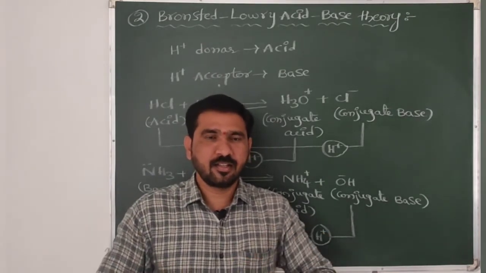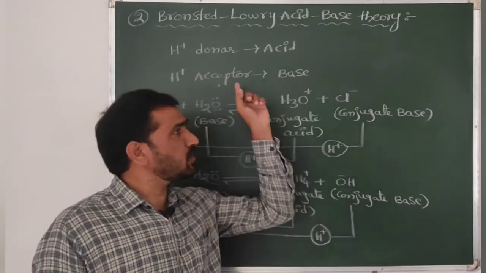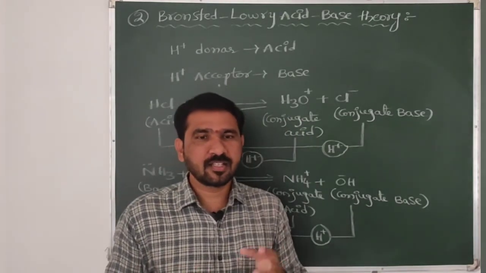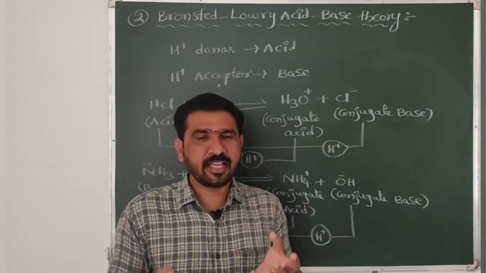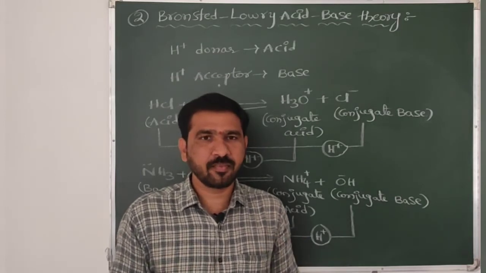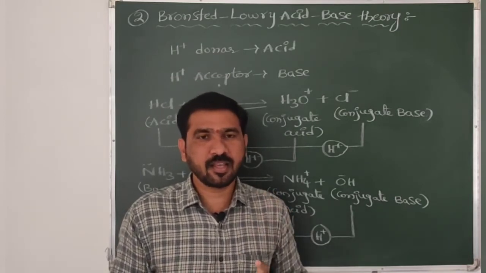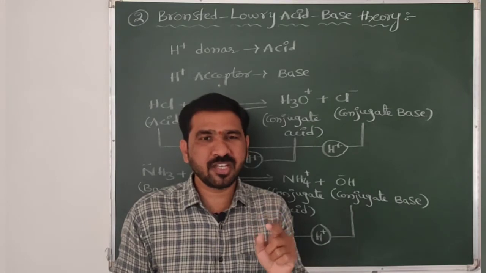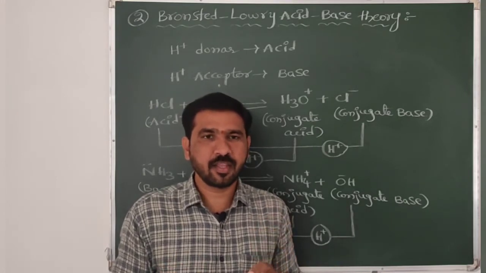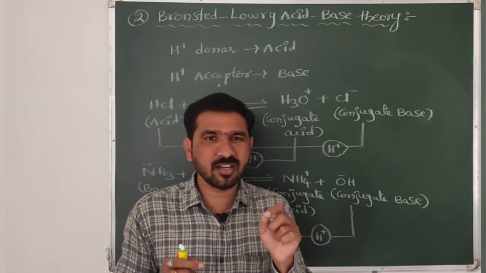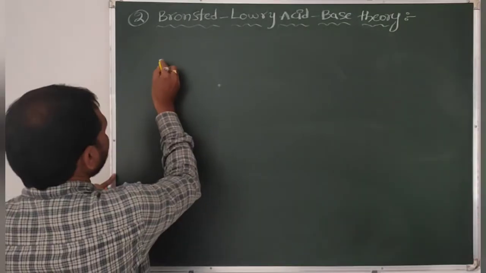Is it clear? Then, according to Bronsted-Lowry acid base theory, strength of acid is expressed in terms of Ka. Ka means what, beta? Dissociation constant of acid. Kb means dissociation constant of base.